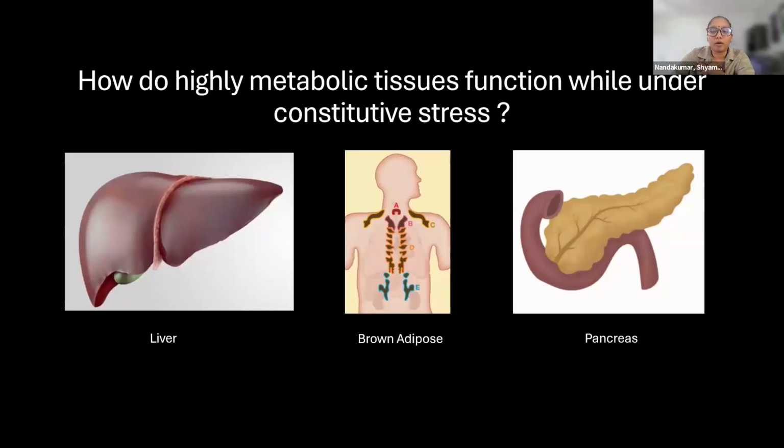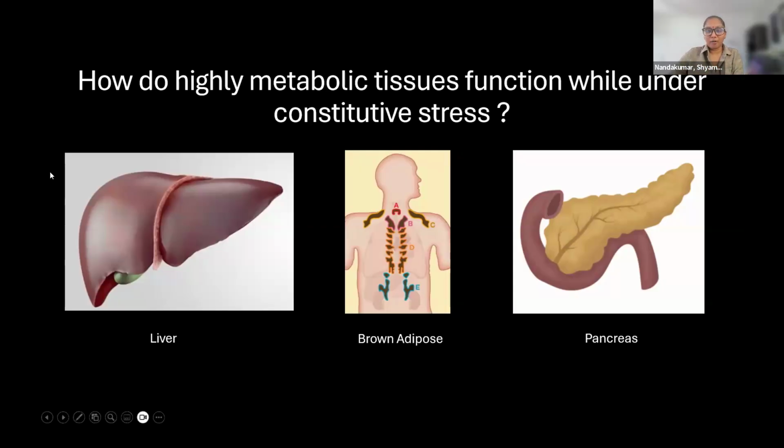Something that we think about a lot in the fly stress lab is how highly metabolic tissues, such as the liver, adipose, or the pancreas, all of which share high biosynthetic burdens, endure constitutive stress, such as ER stress or the unfolded protein response, as a burden of their function. So they have to endure stress while performing their function. In fact, it's one of their hallmark features.